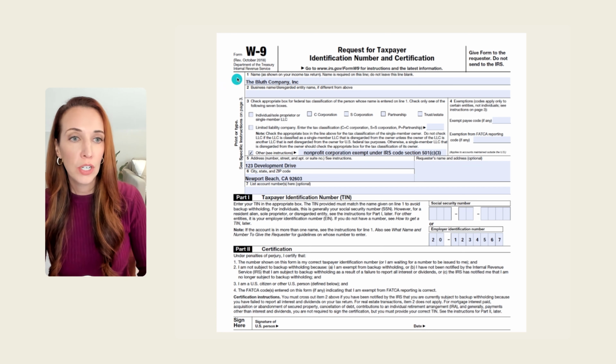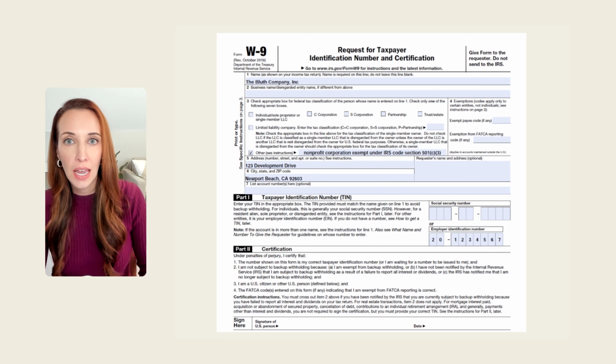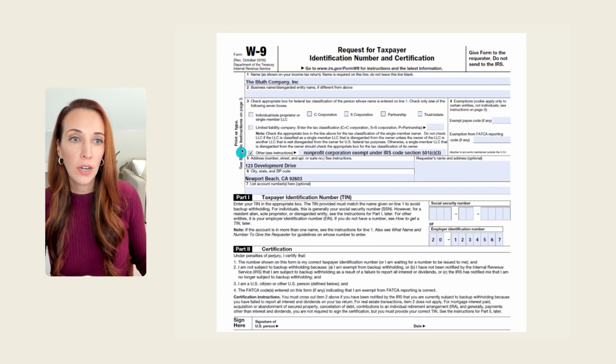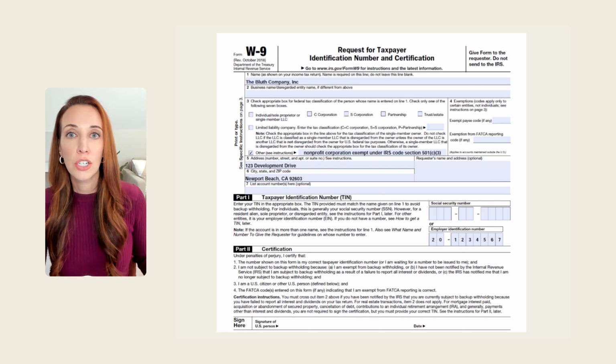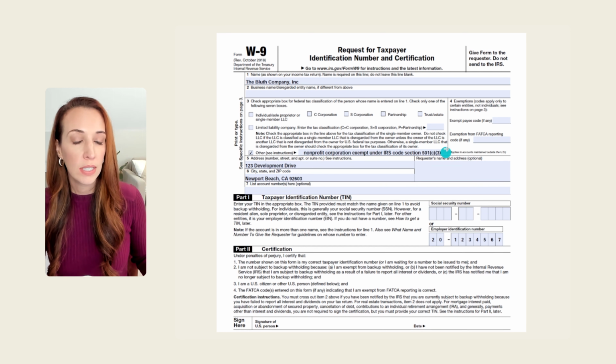Box 1 should be filled out with the organization's name, and then a nonprofit should be choosing the option Other in box 3, and then fill out Nonprofit Corporation exempt under IRS code section, and then whatever the code section your particular nonprofit is exempt under would be the code that you would fill out here, 501c3, for example.